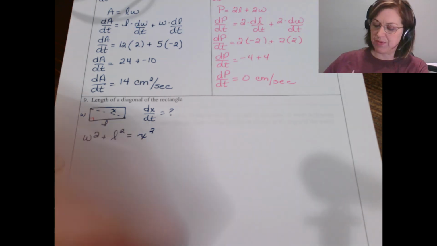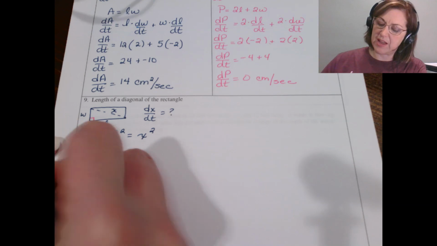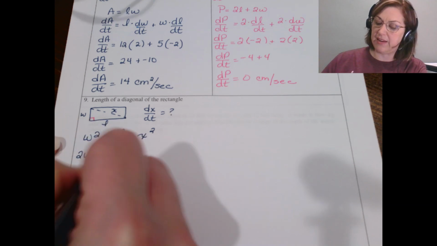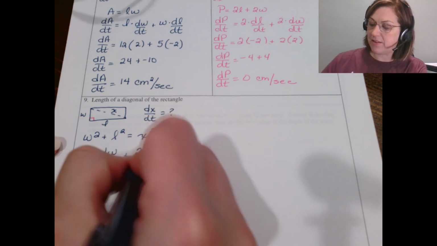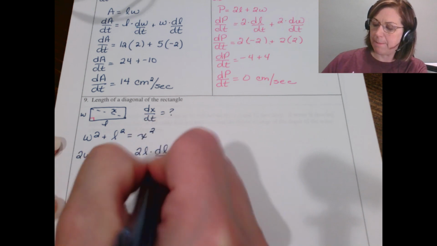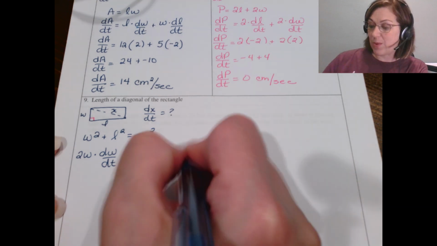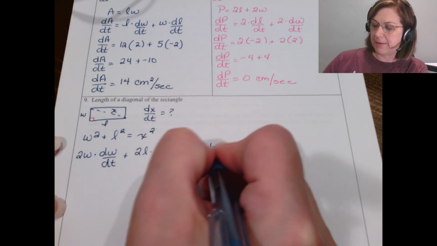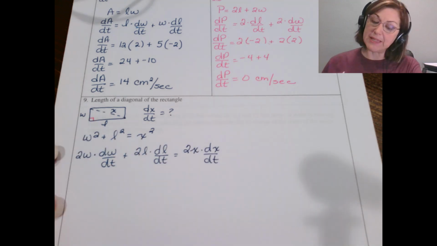And now take your derivative. So the derivative of W squared is 2W times dW/dt. The derivative of L squared is 2L times dL/dt. And the derivative of X squared is 2X dx/dt. Now let's plug everything in.